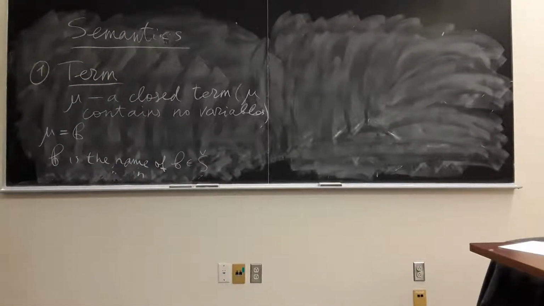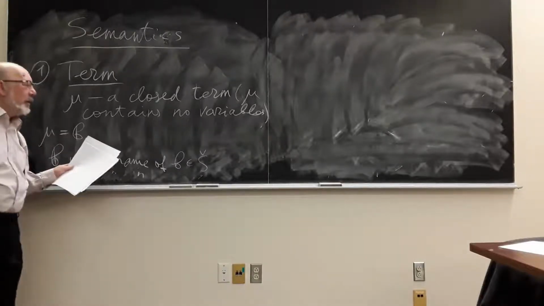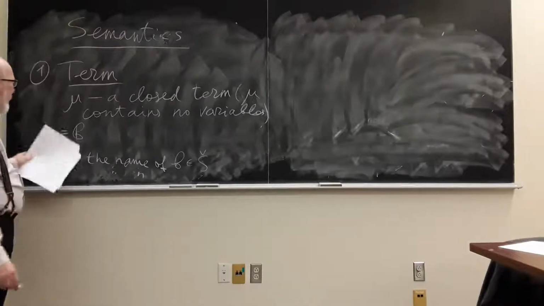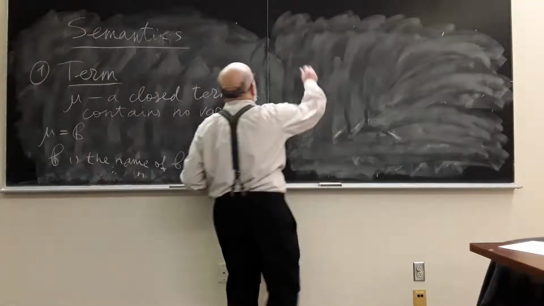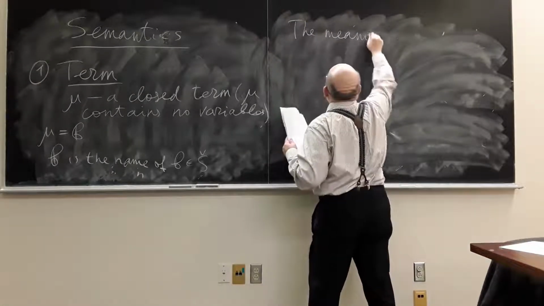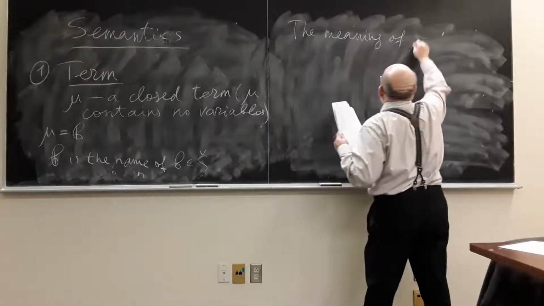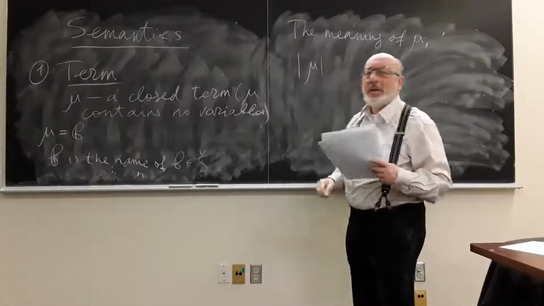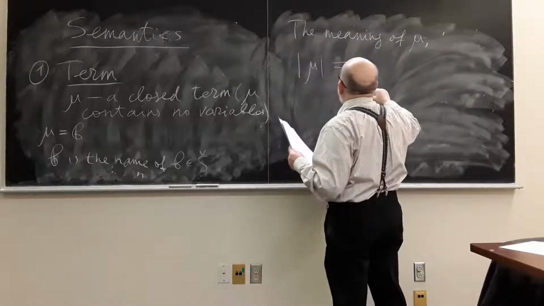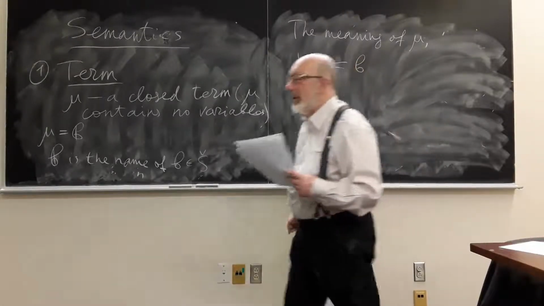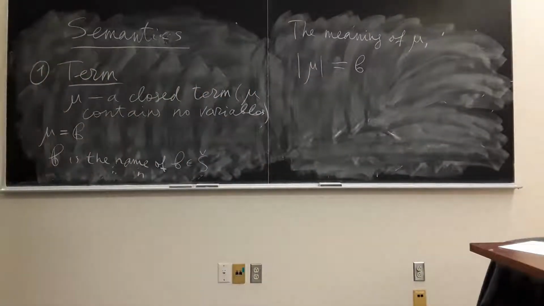We always have to distinguish between things and their names. If mu is b, then the meaning of mu, written like an absolute value, equals just b. If you say the name of some object, then the meaning of this is the object itself.